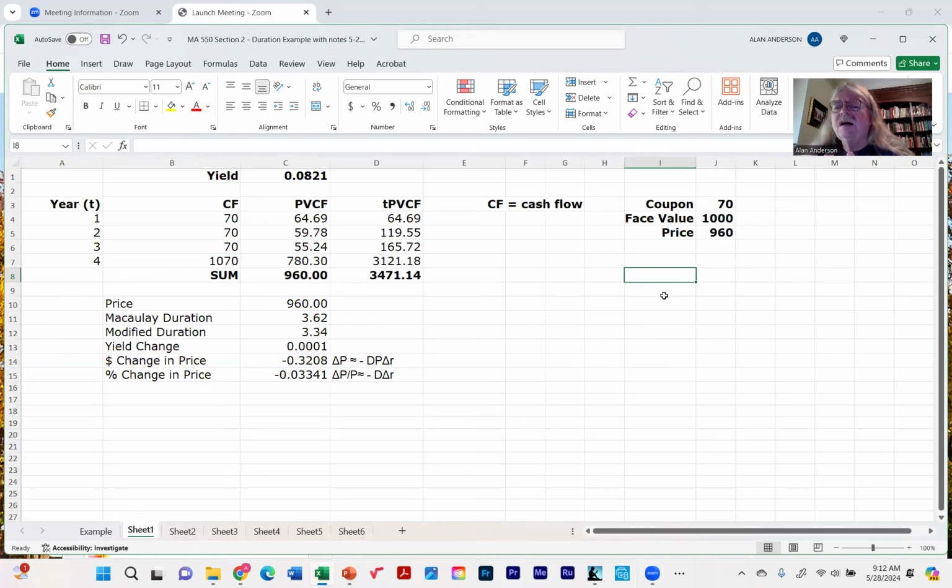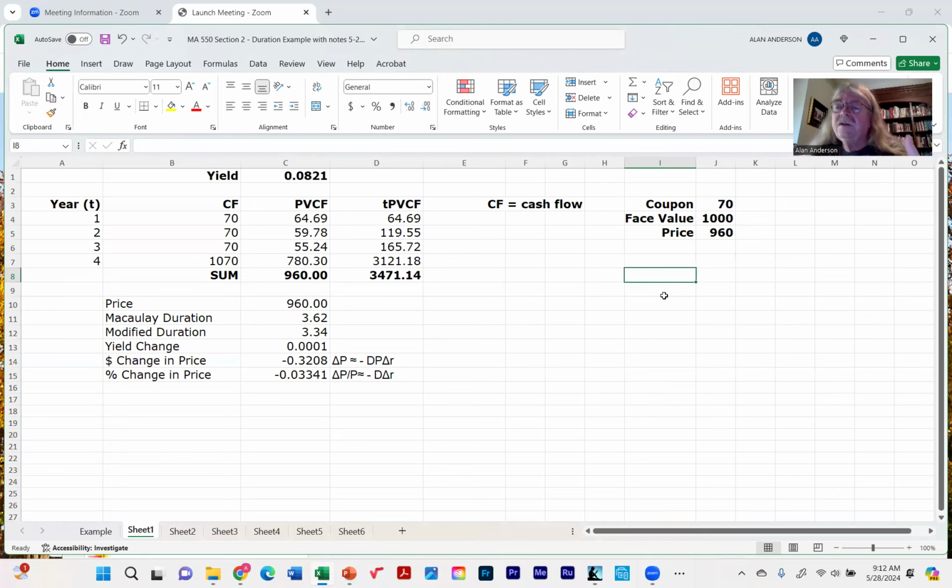So you can see this bond is selling for 960 when the face value is 1,000, and that means this is not a newly issued bond. It was issued at some point in the past, and it now has 4 more years until the maturity date. So it could, for example, have been a 30-year bond that was issued 26 years ago.